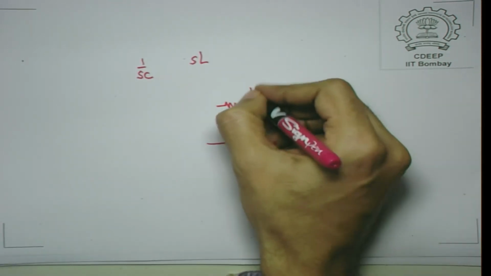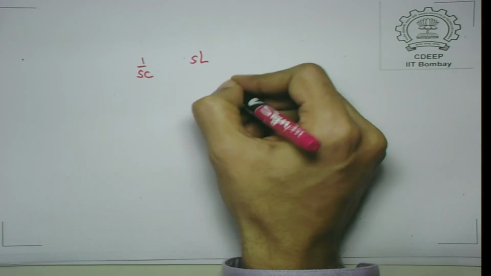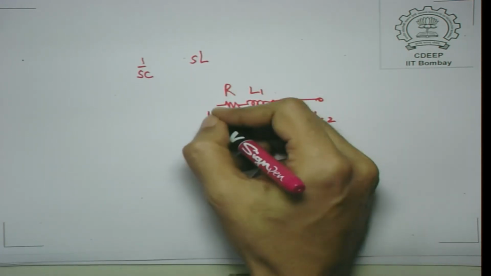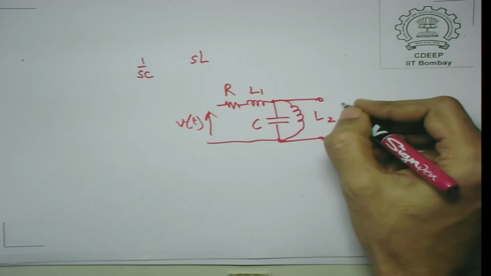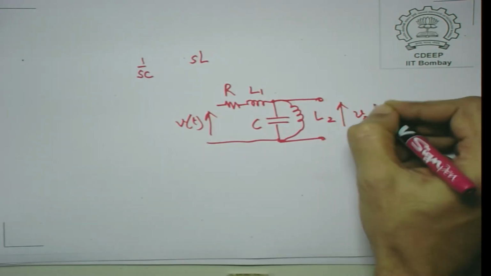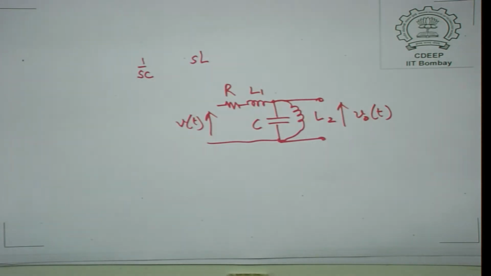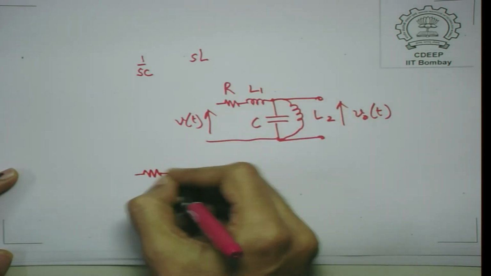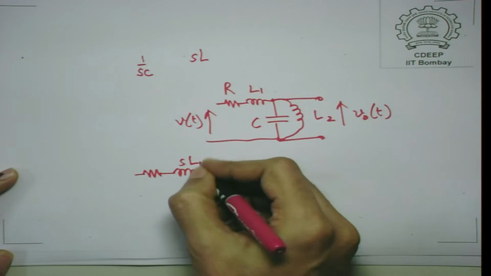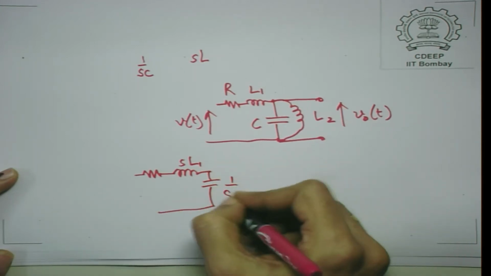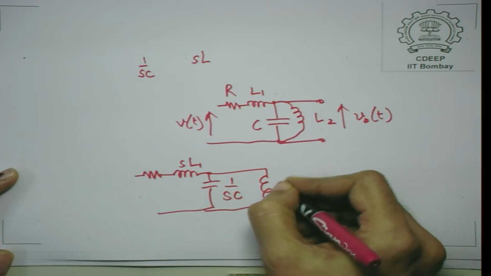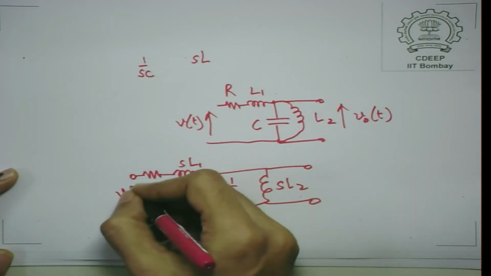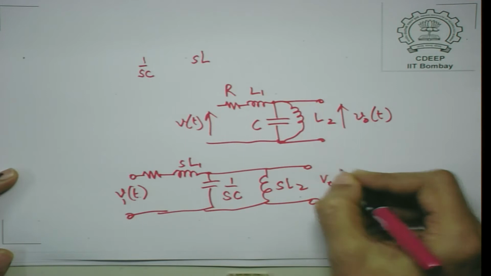So, this is L1 and this is L2 and this is C and R. In case you wanted to, for example, look at the input as V, the voltage, and the output as V naught, you can easily replace this circuit, as I mentioned some time ago, by sL1 and 1 upon sC, and this becomes sL2, and get what is known as the transfer function between V input and V output.